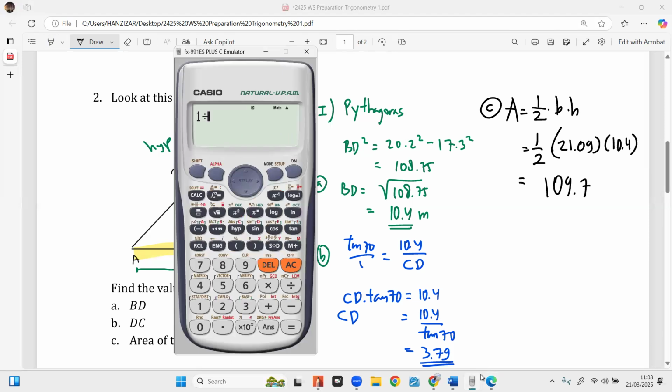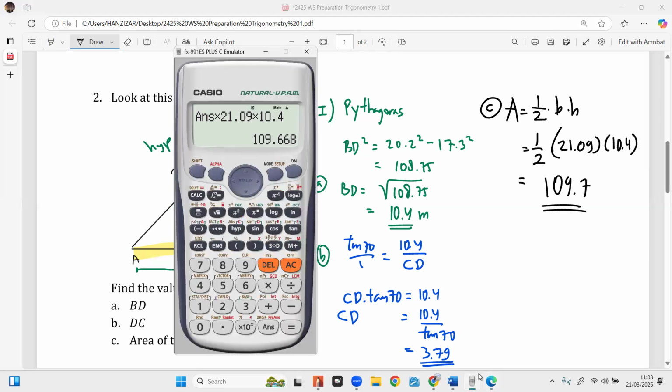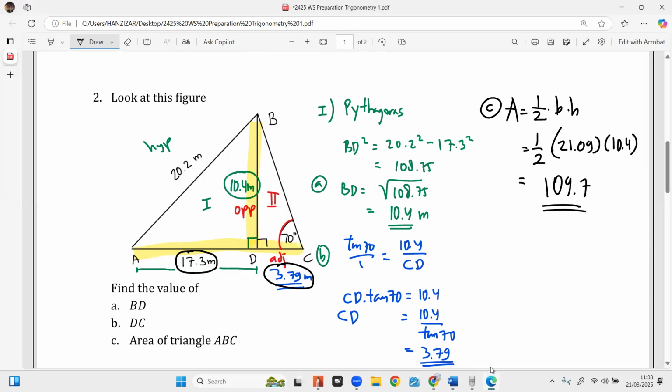Okay, let's check. Yeah, 109.7. Any question? What is the unit? Square meters. That's right. That's for question 2.